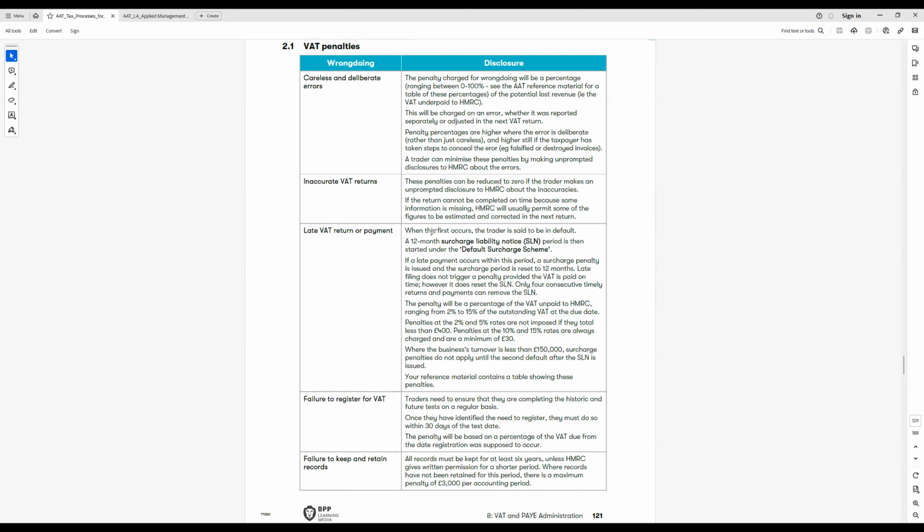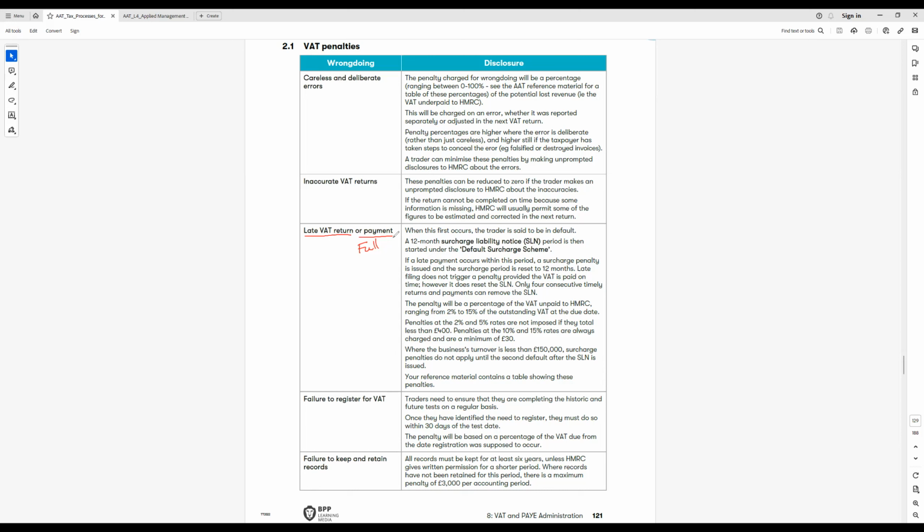So when it first occurs, either a late VAT return, so I submit the return late, or I made the full payment late. In the exam, they can confuse you and tell you they paid half. Remember that even if you paid half, you will still get the penalty.